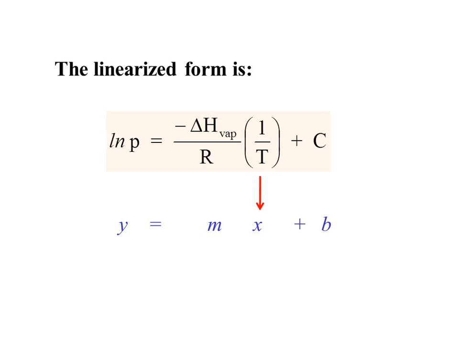We do this a lot in physical science. We look for a relationship like the Clausius-Clapeyron equation, and then we look for a way to plot that relationship. If we pull out the 1 over T term, we are actually going to plot that on the x-axis.